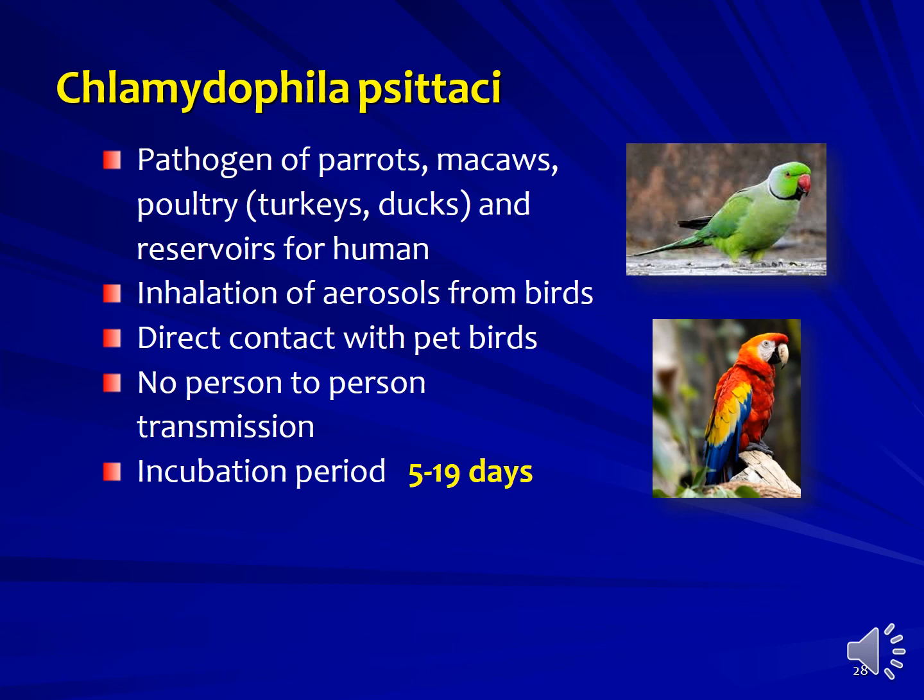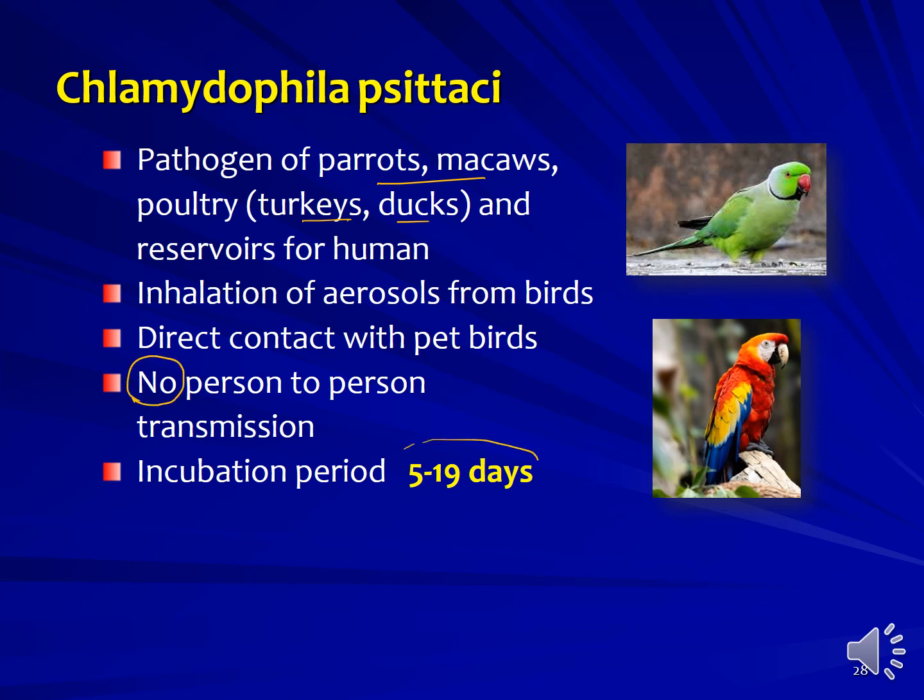Chlamydia psittaci is a pathogen of parrots and macaws, poultry. Turkeys and ducks commonly suffer, and they are reservoirs for human infections. Inhalation of aerosols from birds and direct contact with pet birds are possible, but there is no person-to-person transmission.